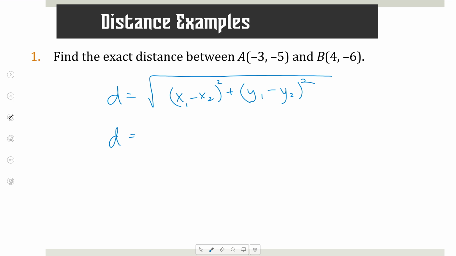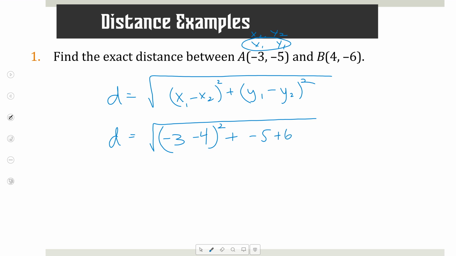There's no wrong answer there, it's just personal preference. Let me clarify my question. Do you want this to be x1, y1, or x2, y2? x1, y1. Okay, beautiful. Then the square root of -3 minus 4, quantity squared, plus -5 minus -6, quantity squared. There's the setup.